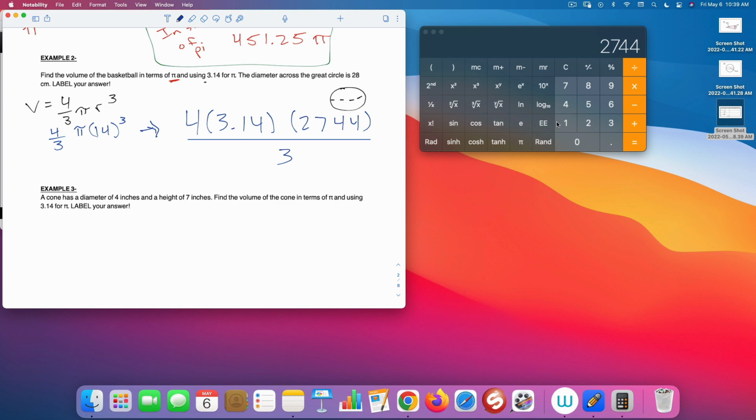Okay, plug that number in if you have a calculator. And while people are plugging that in, can somebody get my answer in terms of pi? So we're going to ignore the 3.14 and just do the 2744 times 4 divided by 3.